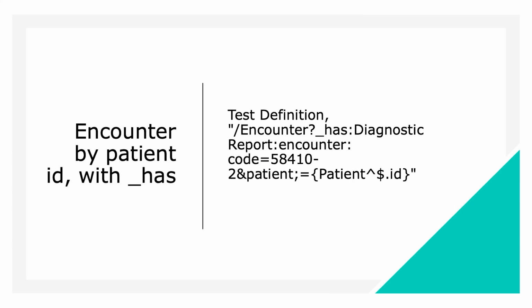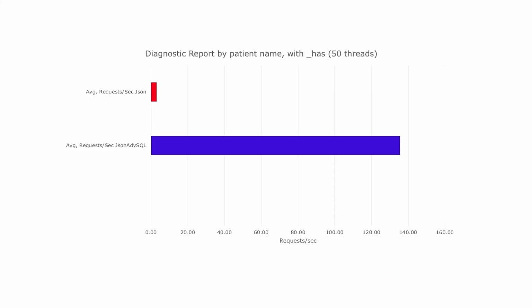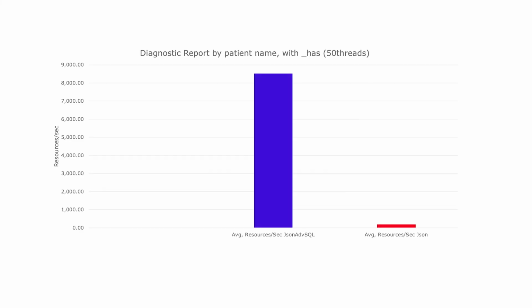Reverse chaining, the underscore has type query. This is also a very demanding type of query. So here, notice with just 50 threads, we're seeing roughly about 130 requests per second with JSON Advanced SQL, maybe 10 with JSON SQL.